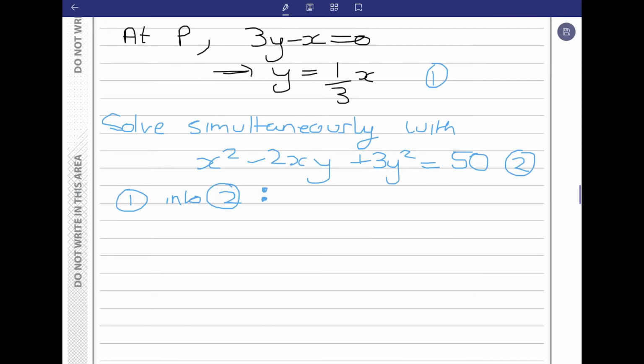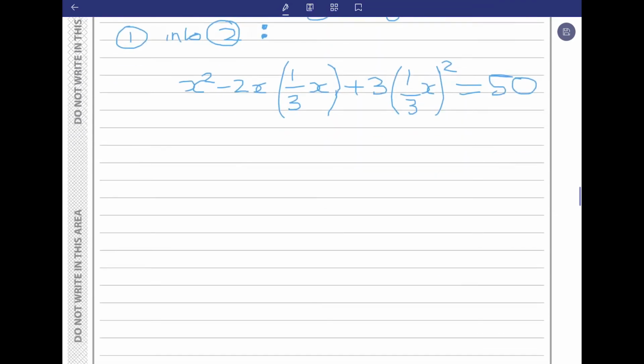So we get x squared minus 2x, lots of a third x, plus 3 lots of a third x all squared, and this equals 50. So here we're just solving simultaneously to find the point P. So let's simplify this. We get x squared minus 2/3 x squared plus 3 lots of a third squared is 1/9, so we get 1/3 altogether equals 50.